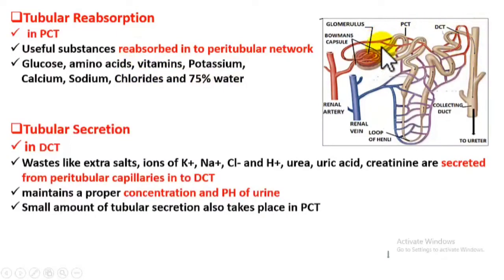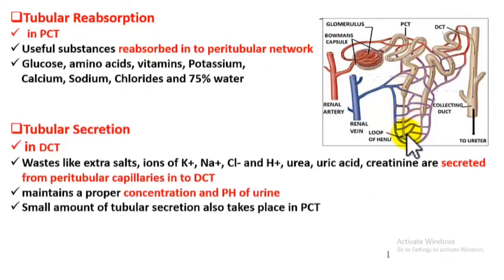What happens is these substances are reabsorbed into the wall of the PCT, and from the wall they enter into the blood. So where is the blood here? This PCT is wrapped with blood capillaries, right? So from the PCT wall, these substances enter into the blood again. The blood has lost these substances in the glomerulus, and the blood gains them here again.